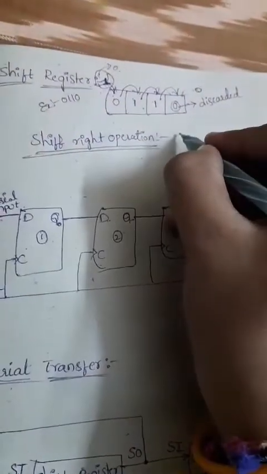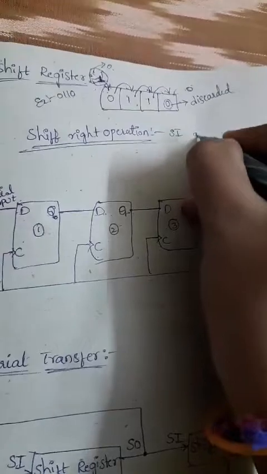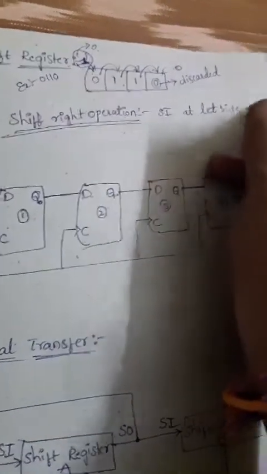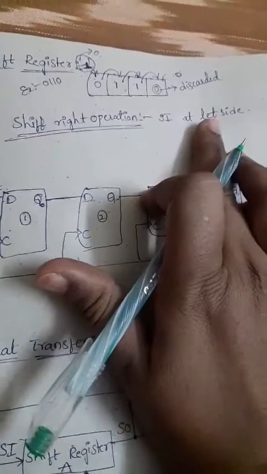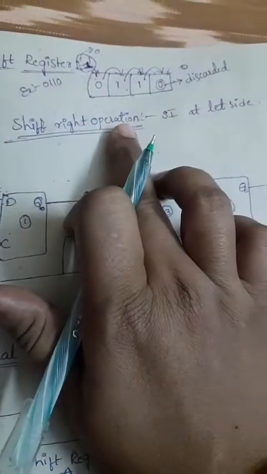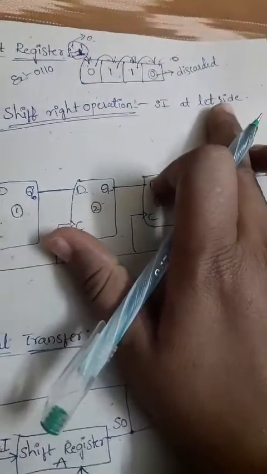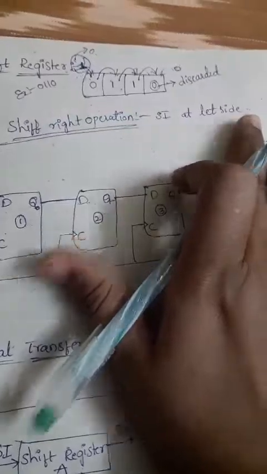Then you have to give the serial input at the left side position. So if you want to do the serial shift right operation, the serial input will come from the left-hand side and the data will be shifted to the right.